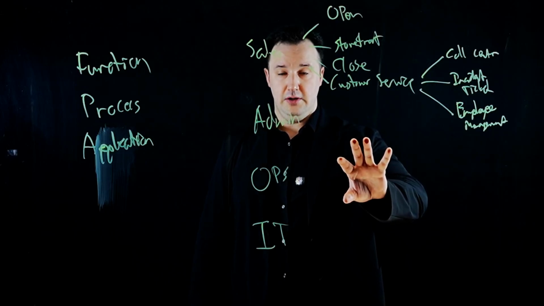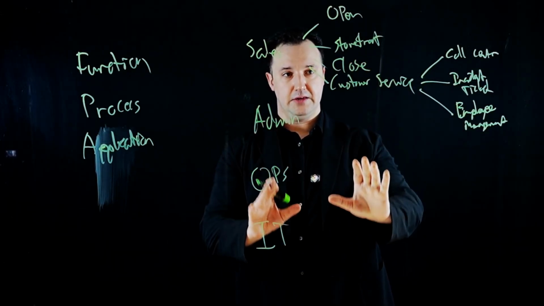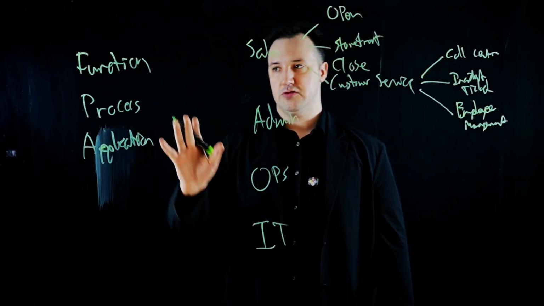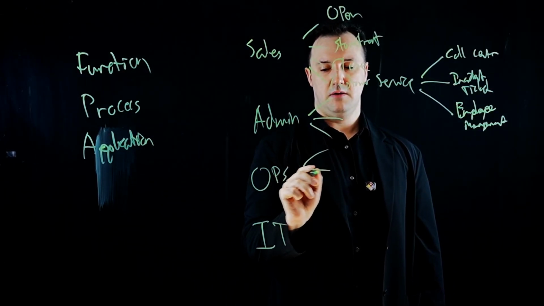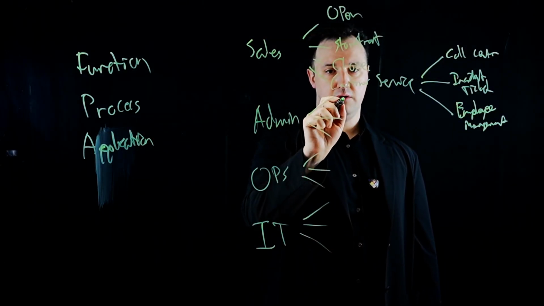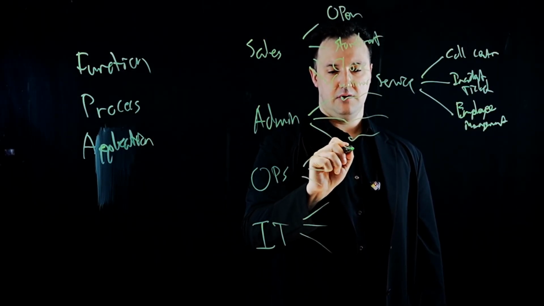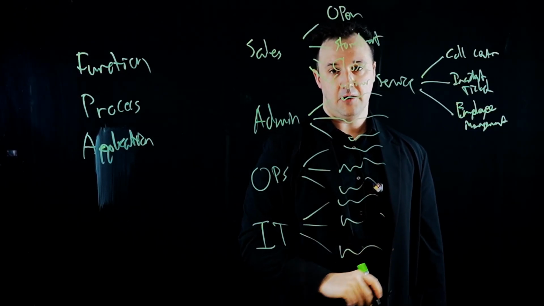When you do a multi-level, you're doing multiple things. So if I'm not doing application, if I'm just doing function and process, I'm doing all of the stuff that's in there.